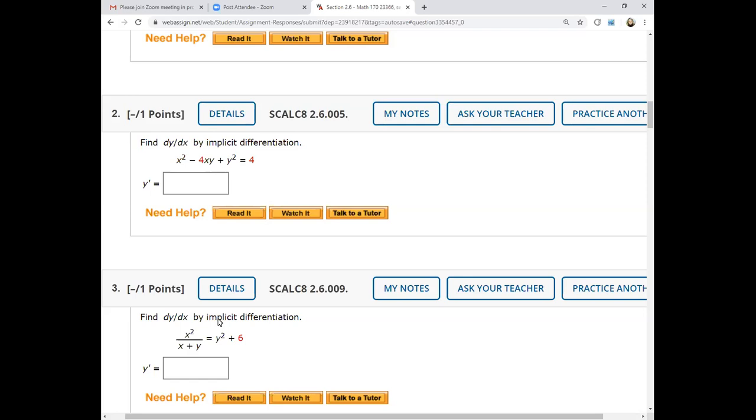And so dy dx is going to be 4y minus 2x over 2y minus 4x, and then I can factor out.